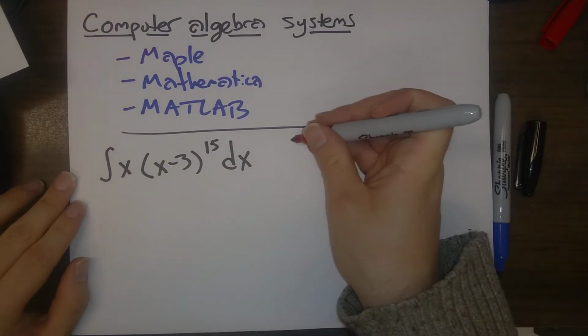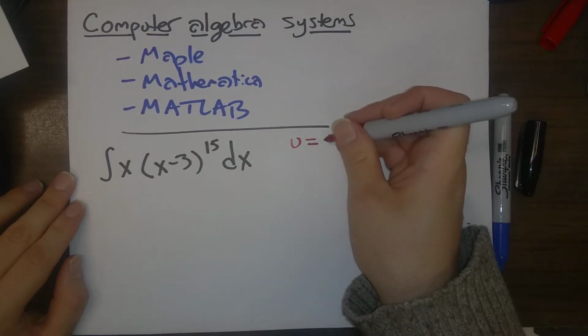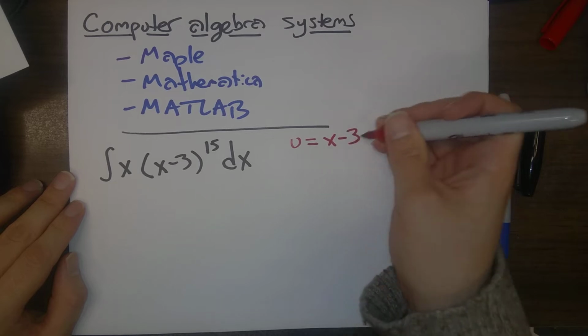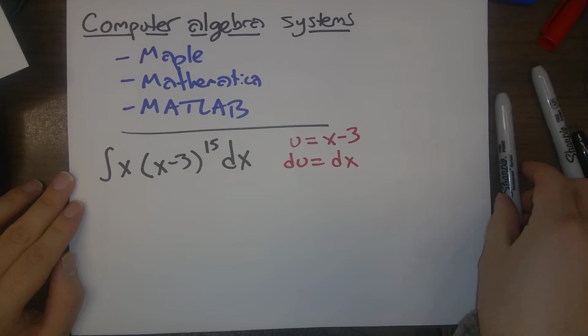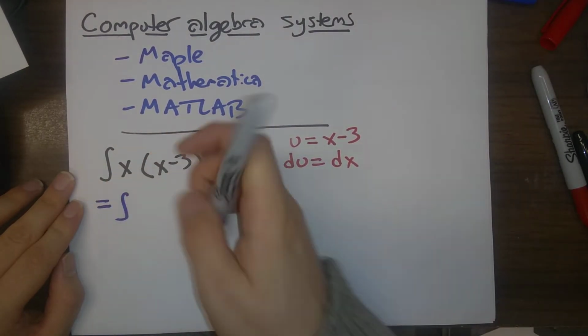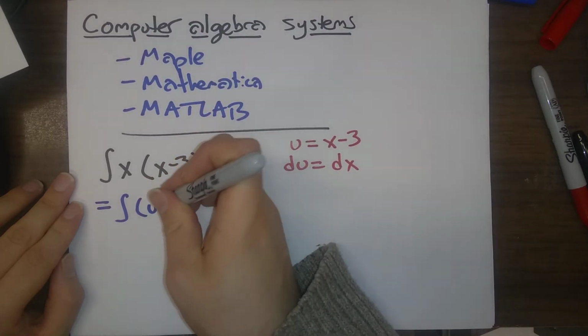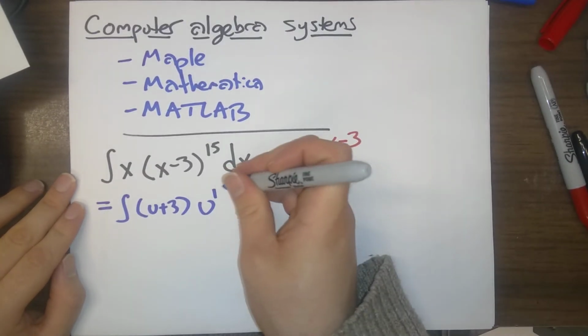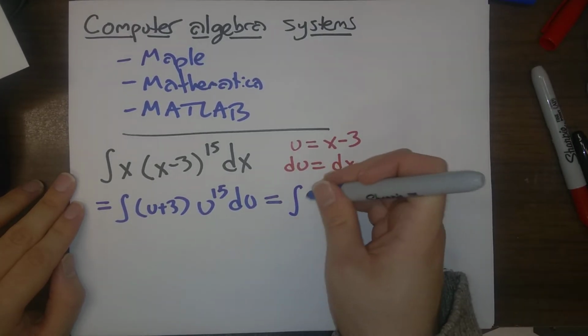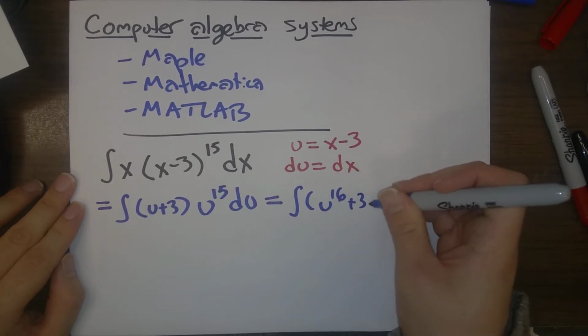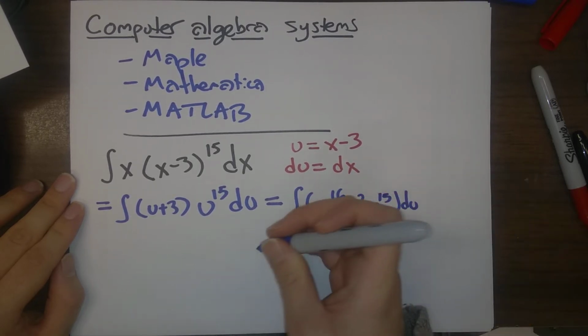And so it would be far better for us to make the substitution u is equal to x minus 3, du is equal to dx. And so now we end up with x is u plus 3 times u to the 15th du. And so this is u to the 16th plus 3u to the 15th du.